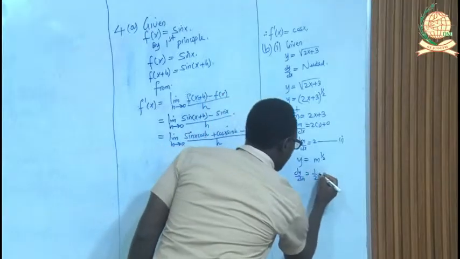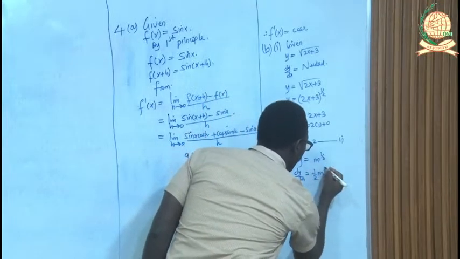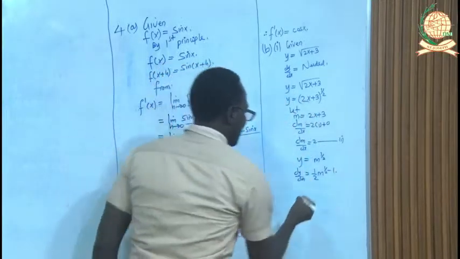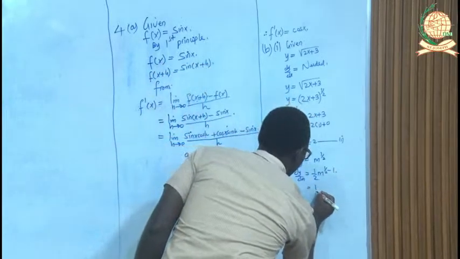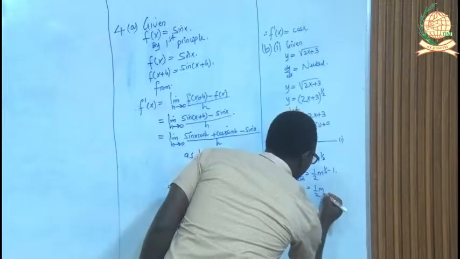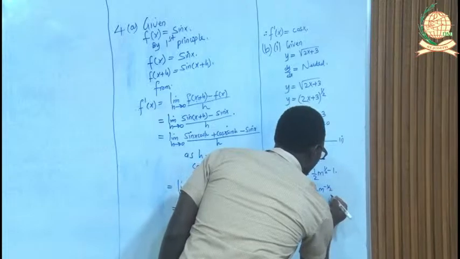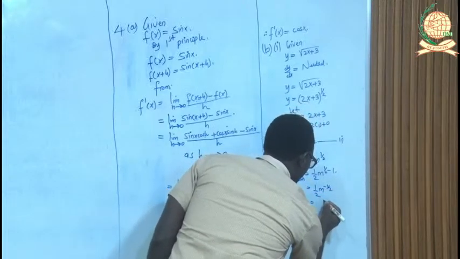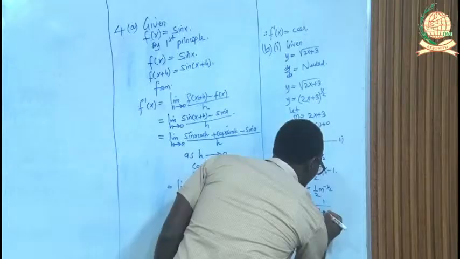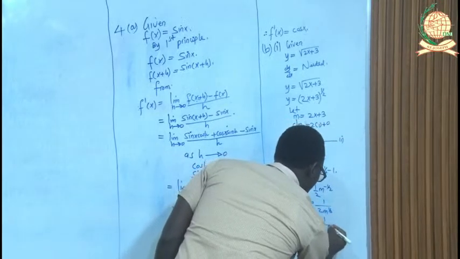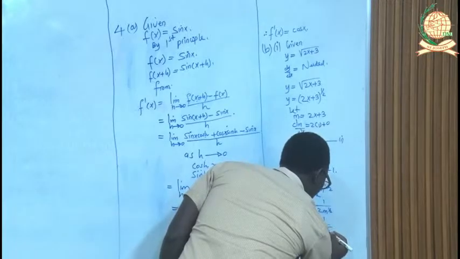Then we write letter m and reduce the power by 1, so a half minus 1. A half minus 1 is negative a half, so this is 1 over 2 m power a half, which is 1 over 2 under root m.